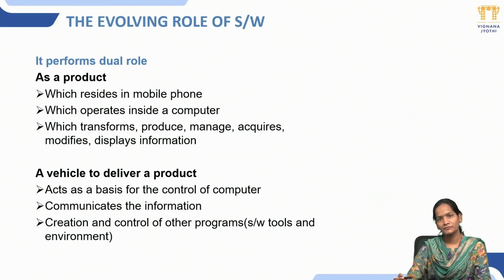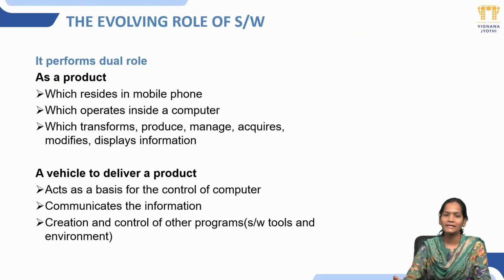See, software performs a dual role, either as a product or as a way of delivering a product. If it is a product, we can take it as a mobile phone, which operates inside a computer, and it transforms, produces and manages information by using this product as a mobile.